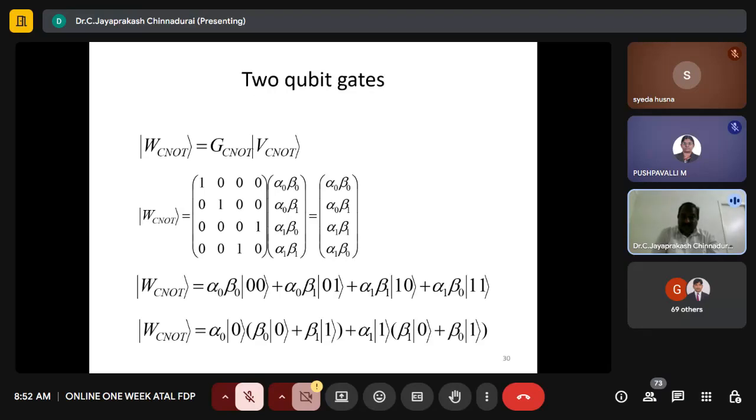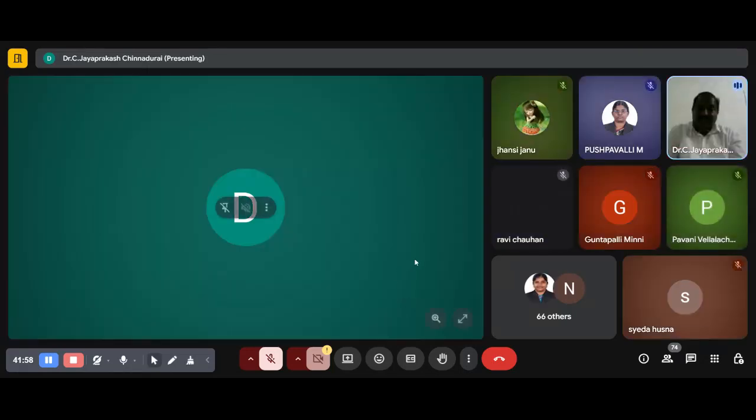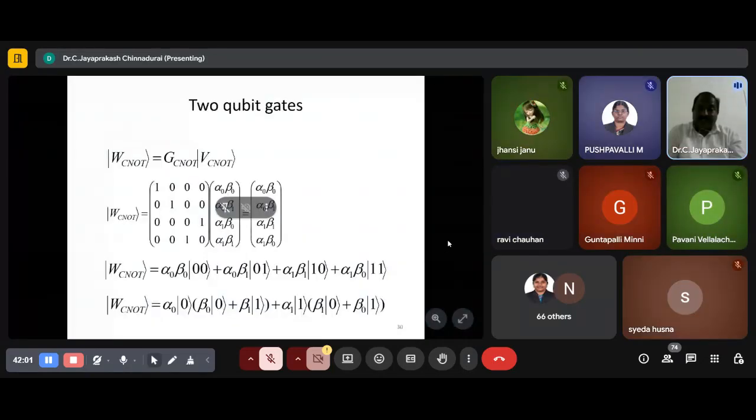The same we can modify like this also: v c naught is equal to alpha 0 ket 0 plus alpha 1 ket 1, tensor beta 0 ket 0 plus beta 1 ket 1. We can split it and rewrite the product like this: alpha 0 ket 0 we can take out, and the inner bracket is beta 0 ket 0 plus beta 1 ket 1.